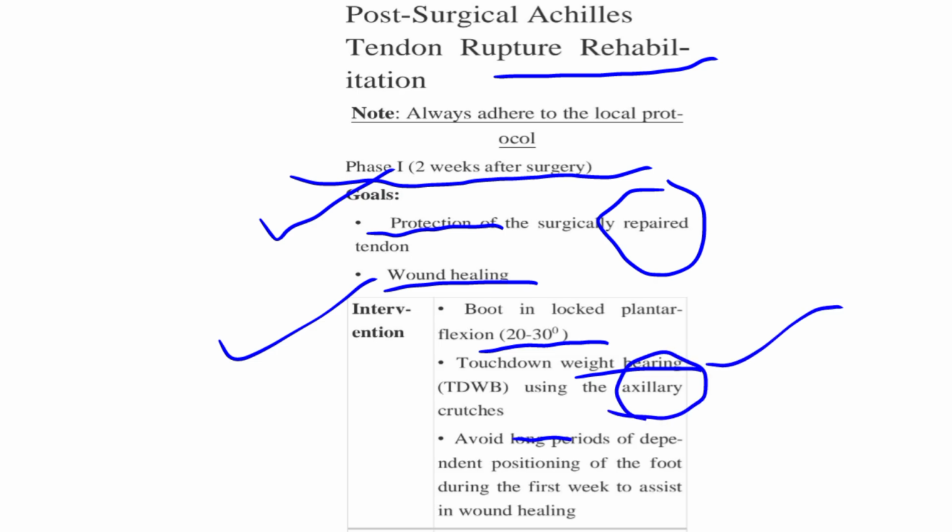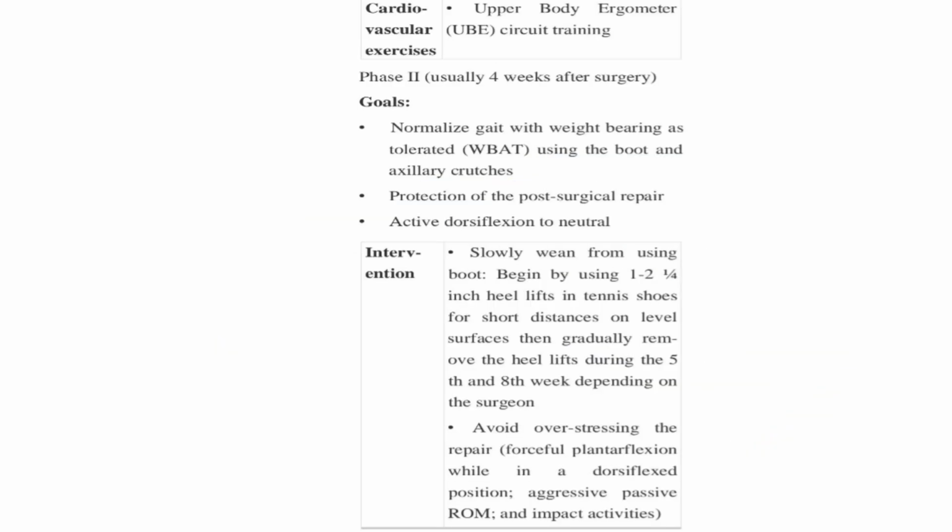Avoid long periods of dependent position of the foot during the first week to assist in wound healing. Cardiovascular exercises, such as upper extremity ergometer circuit training, are for blood circulation. This is the intervention for phase 1.